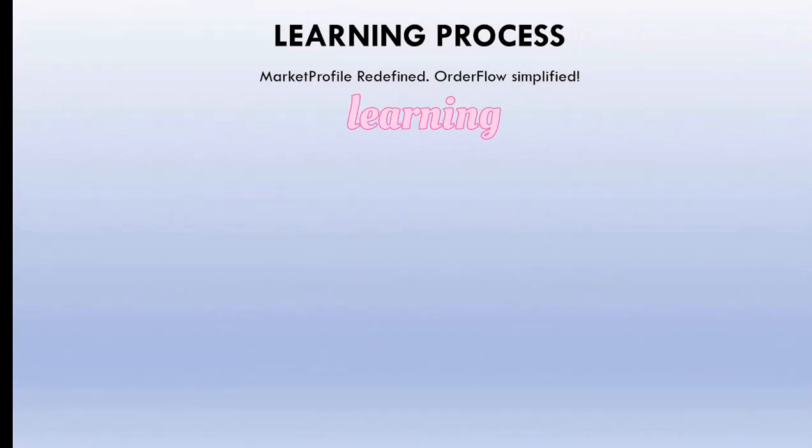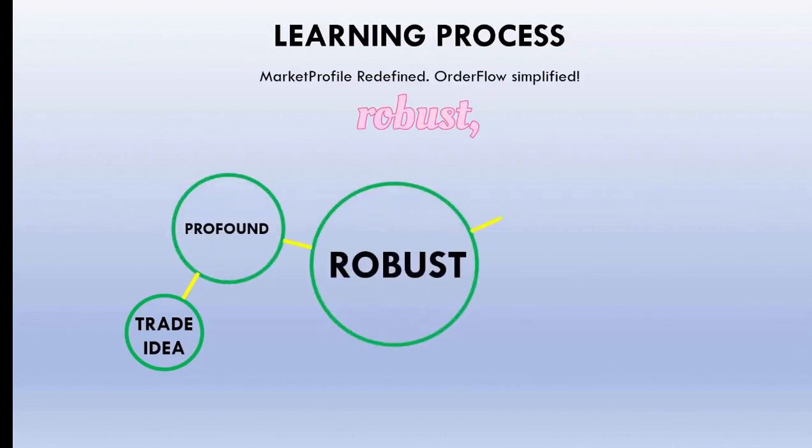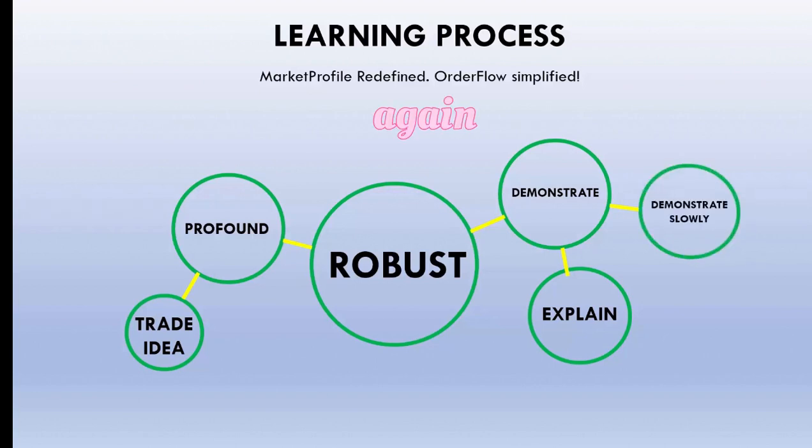Let's go back to that slide we discussed earlier, the learning process. I did say that you have a trade idea or a trading system which is profound, robust, and I can demonstrate to you and explain to you and again show it to you how it can work.